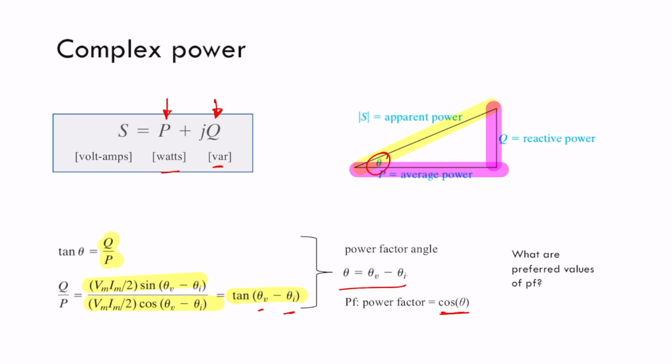Depending on whether you have a more inductive or capacitive circuit, it's in there. And the active power is the one that we can use for doing work. If you think about the energy that you are paying for at your home, you pay for active power.